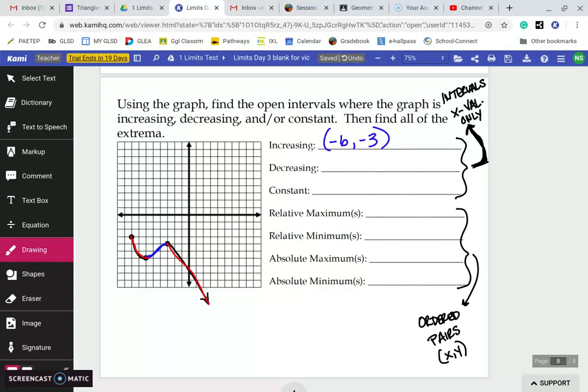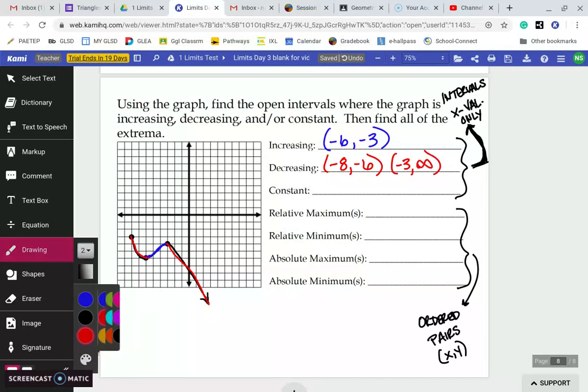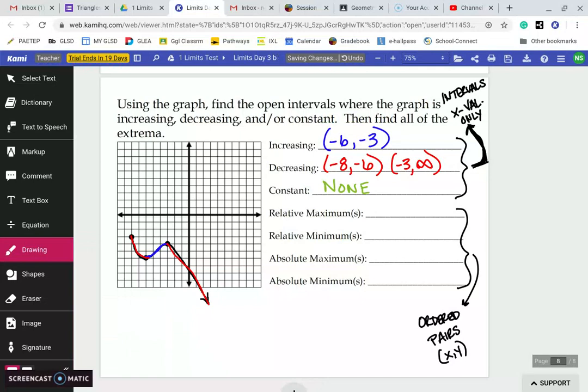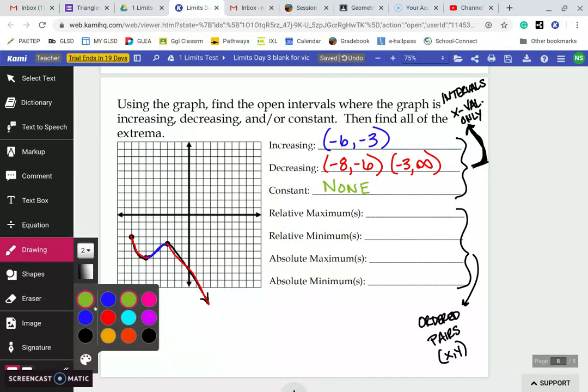So that's going to be from -8 to -6, and then again from -3 to infinity. Again, those are left to right intervals using only x values. And there's nothing that's constant. There's no horizontal.